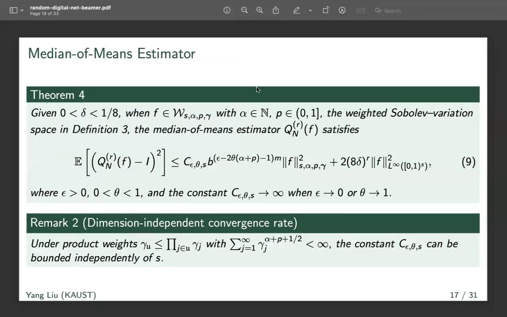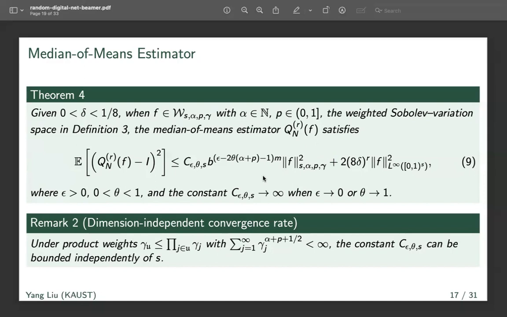Okay, so in this work we have studied two types of estimator. The first one is the median of means estimator. We have, let's say, 2R minus 1 RQMC replicas, and then we take the median of these results. And the mean squared error of this median estimator is bounded by these two terms. Roughly speaking, the first term corresponds to the good event.